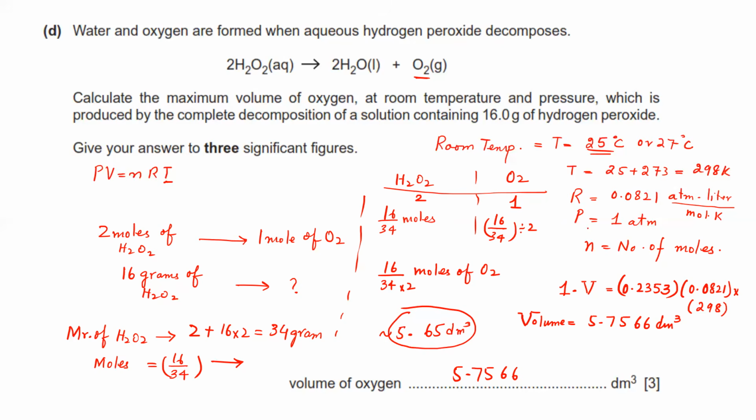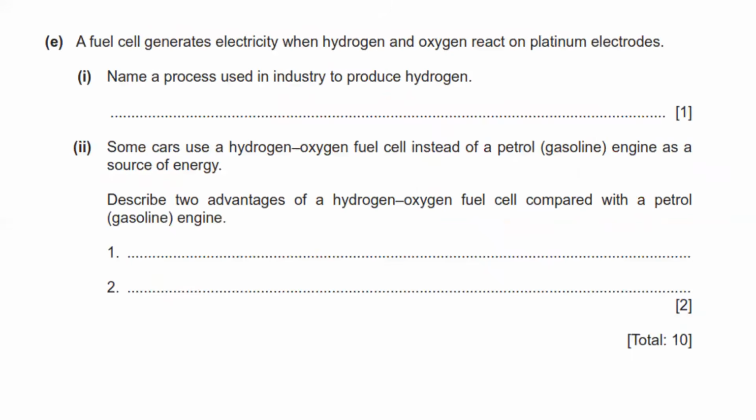So both of these answers, if you have shown this working correctly, that you have used this formula with these values and have shown how we calculated number of moles of oxygen, 0.235 moles, and once you have shown all this working, this is fine and you'll be getting complete credit for this.